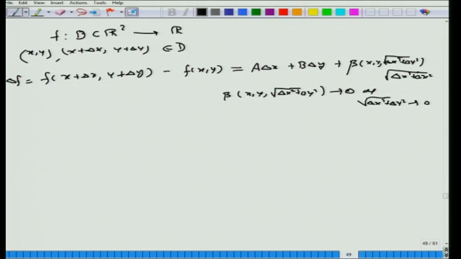So, we say that f is differentiable if the following happens, let us say this is 6.2. So, 6.2 holds if and only if f is differentiable.